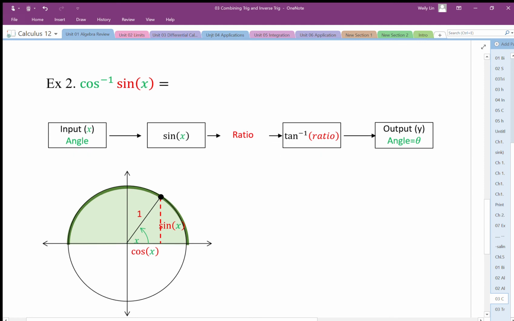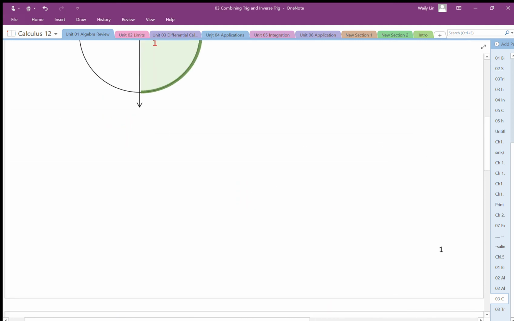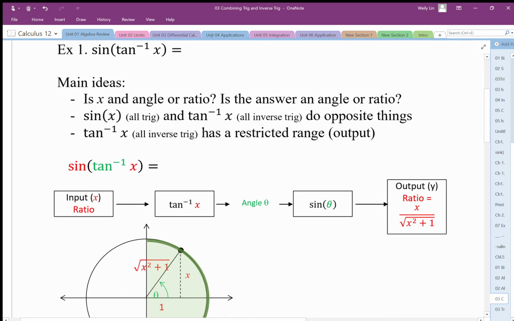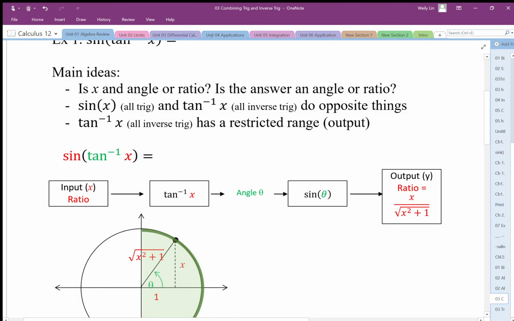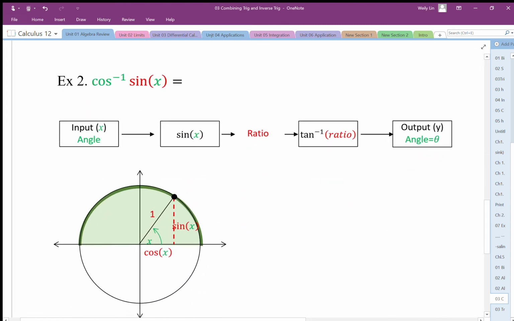So we could do it the other way around as well. Here we've got the sine function embedded inside an arccos. So here we started with the inside being arctan, and the outside was the sine function. Here we've done it in reverse. So first of all, it's very important to establish, is the input x an angle or a ratio, and is my answer going to be an angle or a ratio? So here, this x represents the angle. We take the sine of an angle.